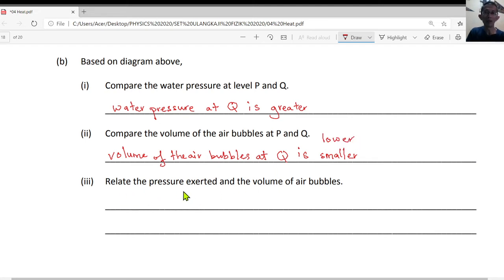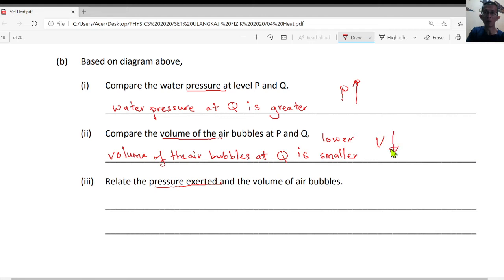Okay, relate the pressure exerted and the volume of air bubbles. Pressure exerted, that will be the pressure here, and then the volume of the air bubbles. So you can see here, Q has greater pressure, and the volume of the air bubbles is lower. You see that? Here pressure is greater, and what happened to the volume?